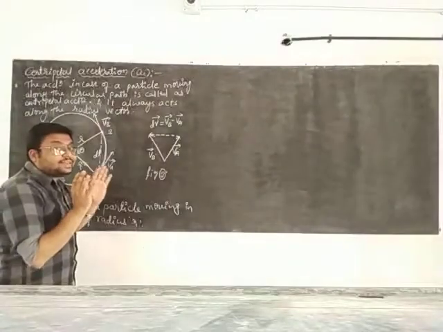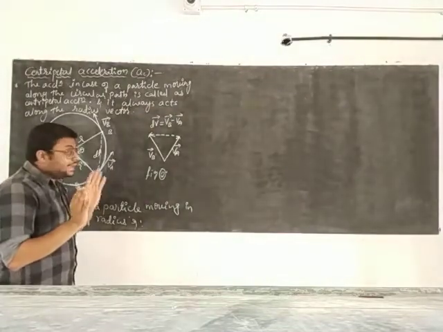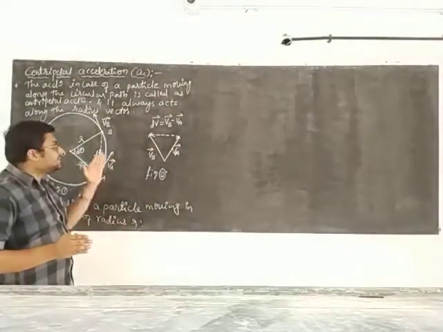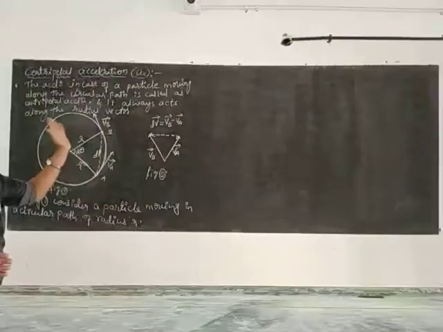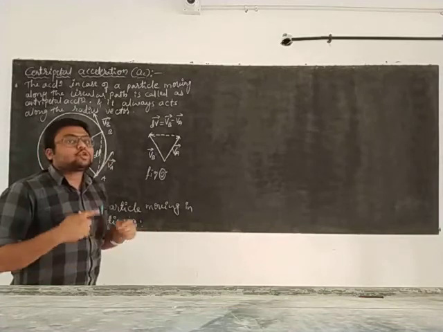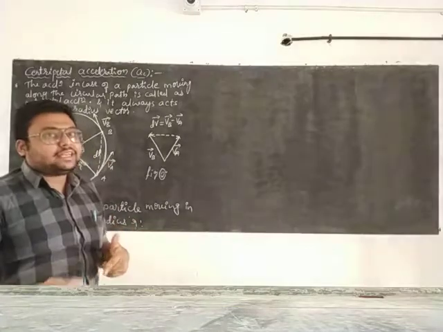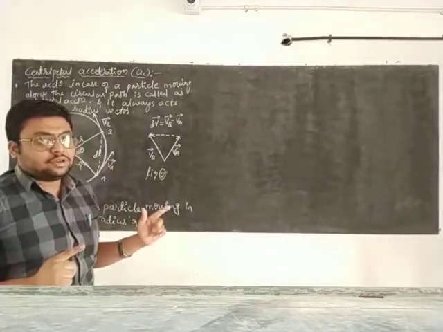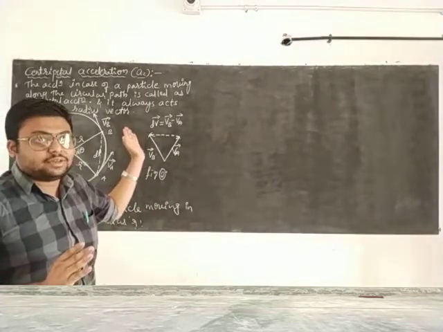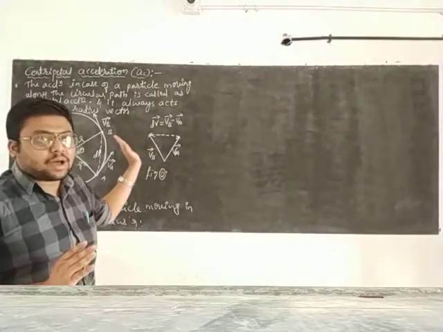I am not using constant velocity. Here I am saying constant speed, because here the direction of velocity is changing, not the magnitude. Speed has only magnitude, not direction. So here the magnitude is the same, and the direction is changing at every point of the circular path.